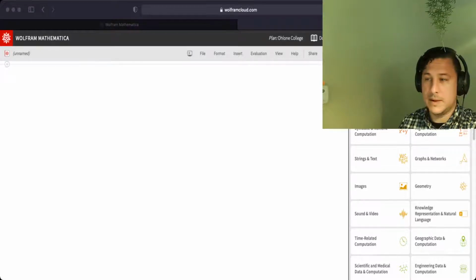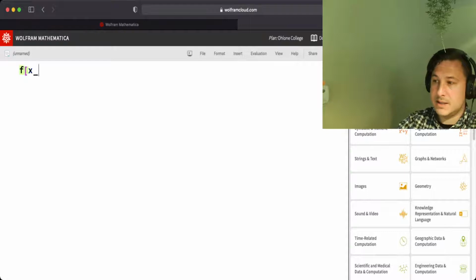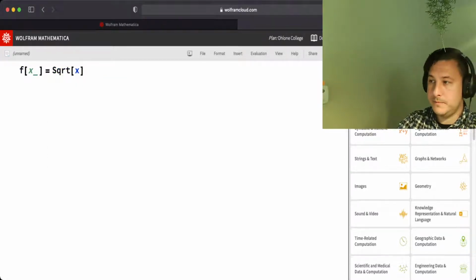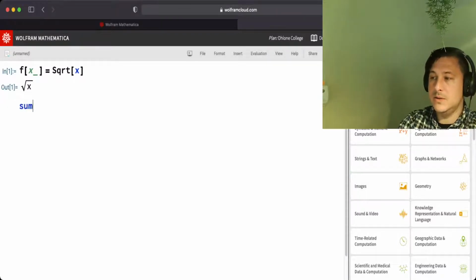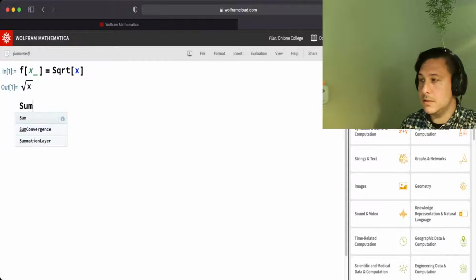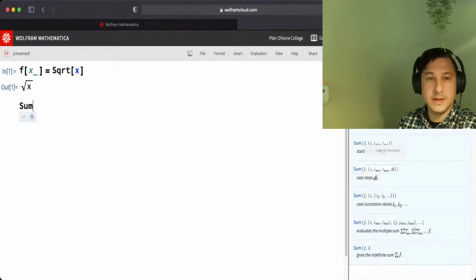Okay, there, I'm over to Mathematica. So let's just write what our function is. Our f of x is equal to square root x. Now what I can do is use the sum function. The sum function will sum things for me.